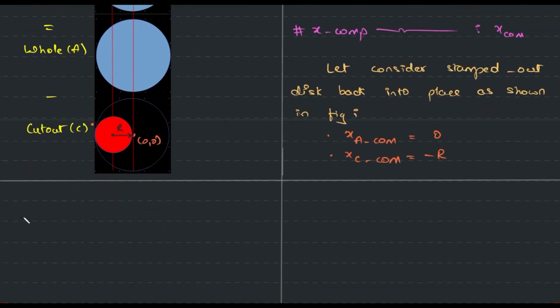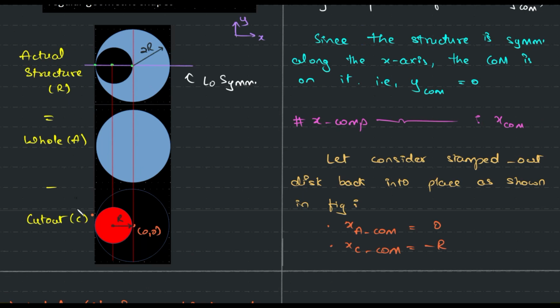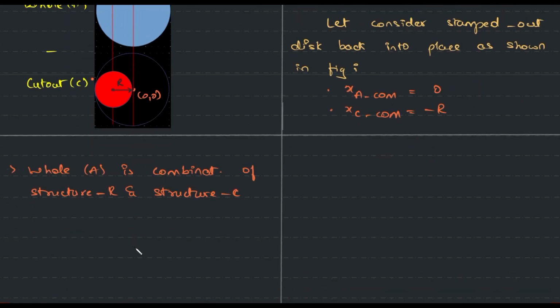Now, see, next thing that we'll do is we'll talk about the whole, that is A. It is a combination of structure R and structure C. So if I combine R plus C, I'll get the whole, right?